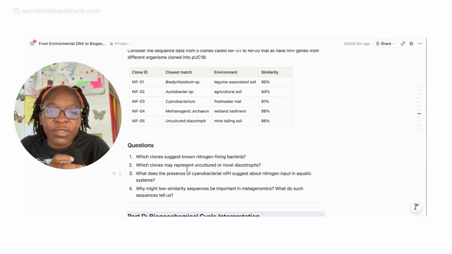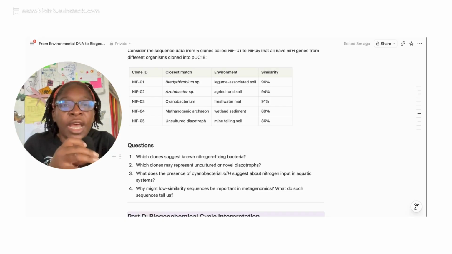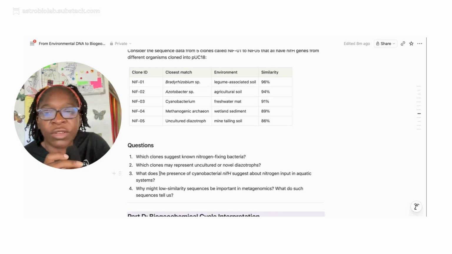Which clones might represent uncultured or novel diazotrophs? So again, you do a little bit of literature review, but you can look at each one of these and see what kind of functionality it is known to have in the literature. And this can inform your decision on what you say about this.